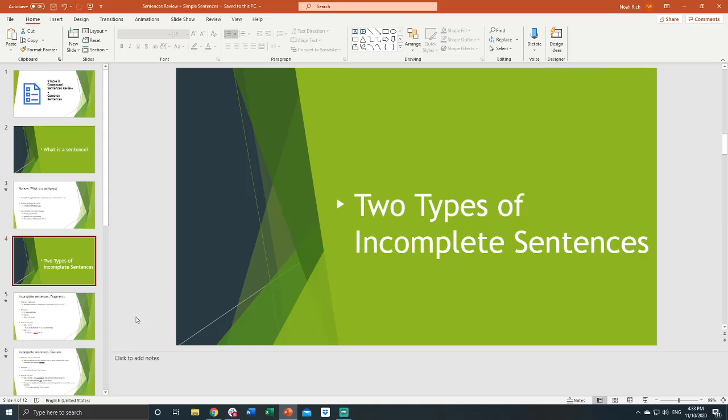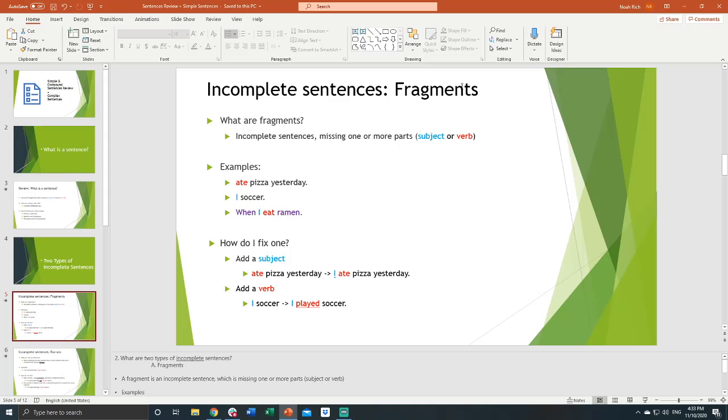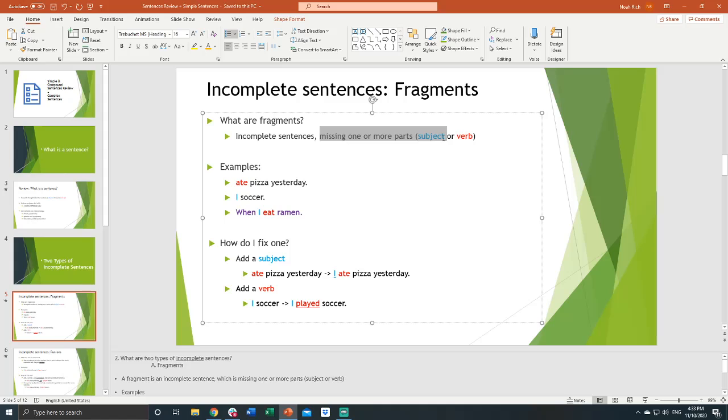Two types of incomplete sentences. First, there are fragments. Fragments are missing one or more parts, like a subject or verb. An example is "ate pizza yesterday," or "I soccer." In example number one, the subject is missing, which is "I."